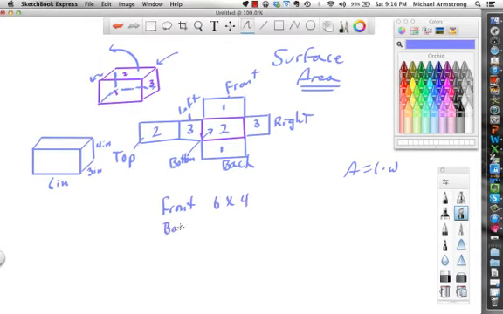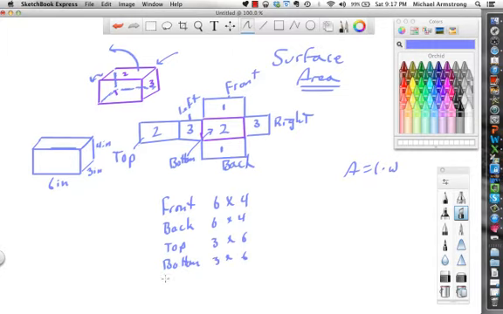Back is the same. Okay, and then this top is 3 inches this way and 6 inches this way. So top is 3 by 6 or 6 by 3, and bottom is the same.